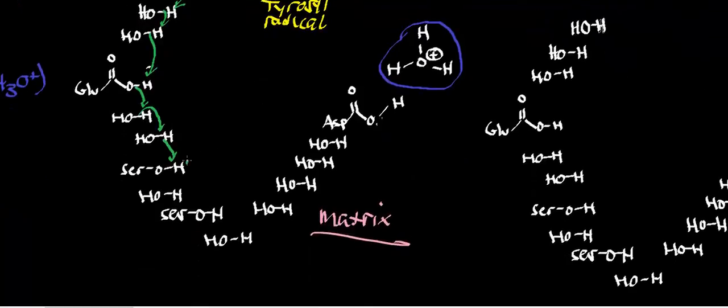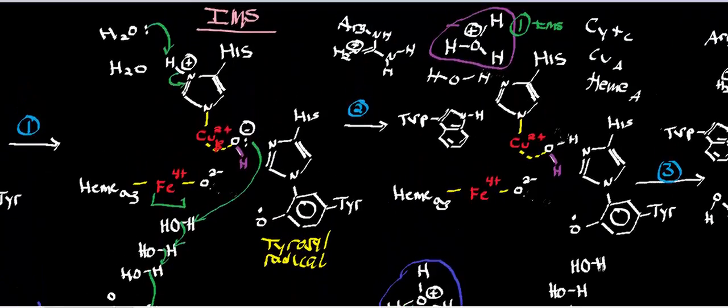And you can imagine that there's going to be a proton transfer all the way over here until finally you deprotonate here. This deprotonates this aspartate, and then this deprotonates the hydronium. Okay, so the net effect that we get here is that a hydronium's proton ends up getting deprotonated on the matrix side. The proton will ultimately make its way into the bulk of the enzyme, and it will end up getting attached to this hydroxide that's sort of coordinated here to the copper B2+.